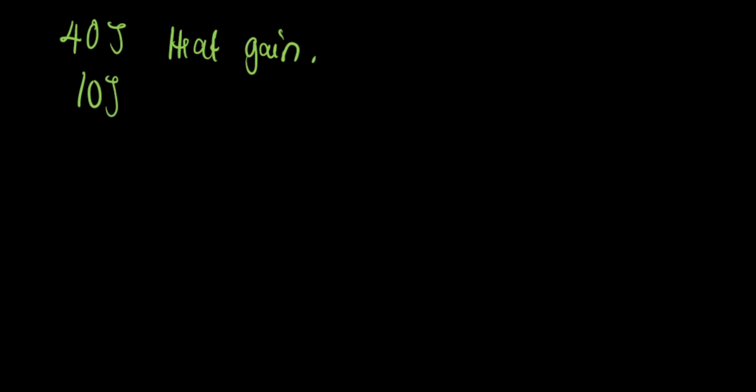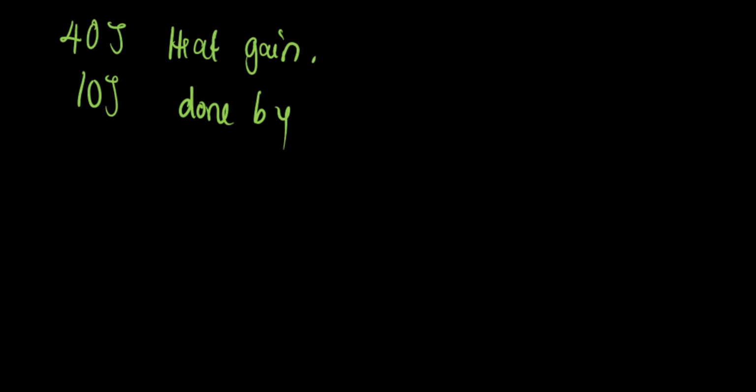The question says, suppose there is a heat transfer of 40 joules to a system. So this would be heat gain. While the system does a work of 10 joules. So 10 joules, the system does the work.